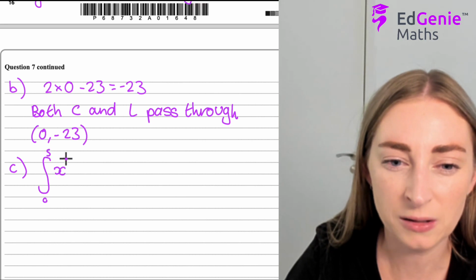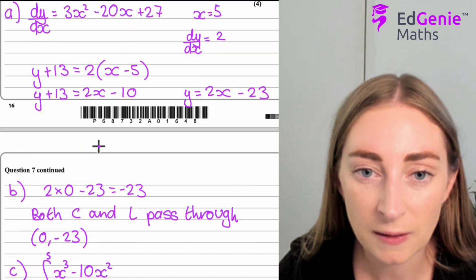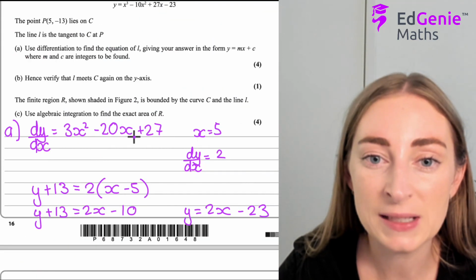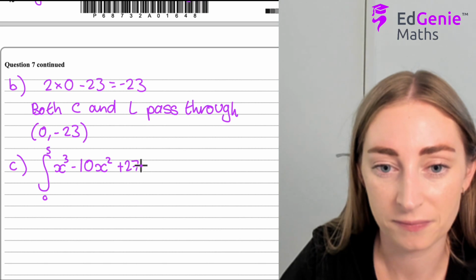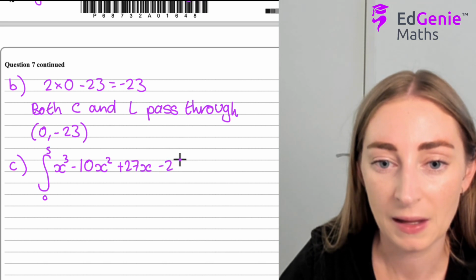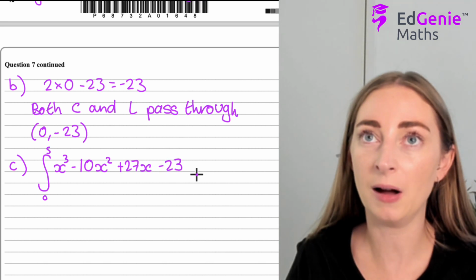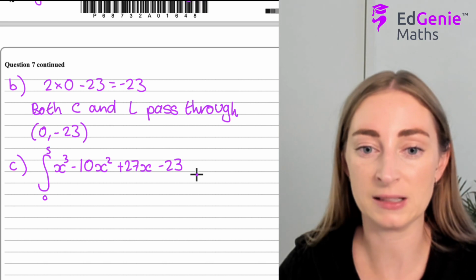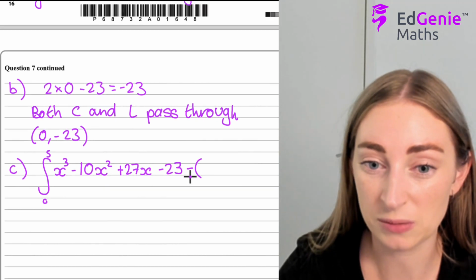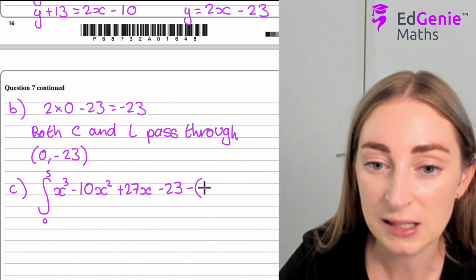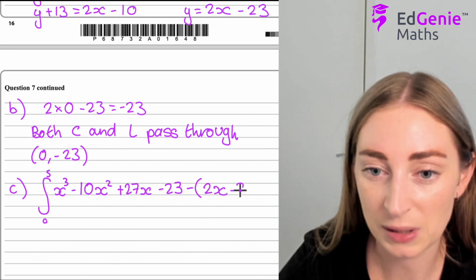It was x cubed minus 10x squared, was it? Let's check. Yep, plus 27x minus 23. Now you could do minus the integral of the line as a completely separate integral, or we can just do it together and just make sure we minus the whole thing. So it's 2x minus 23.